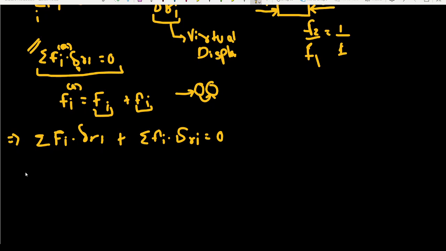Now the next step we can do is that the virtual work done by the constraint force here is equal to 0.